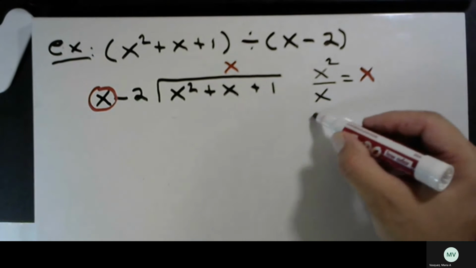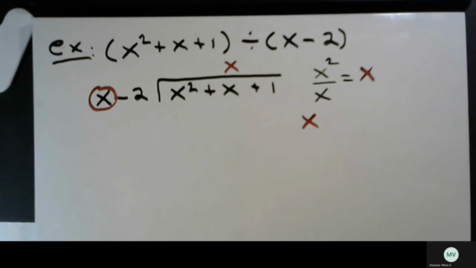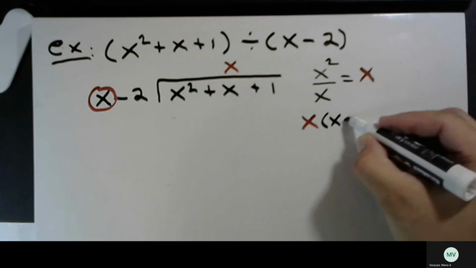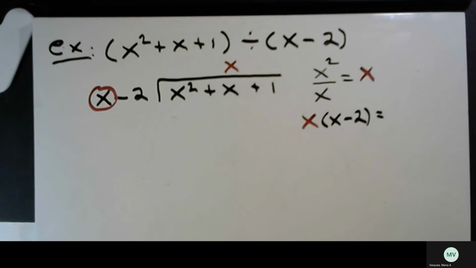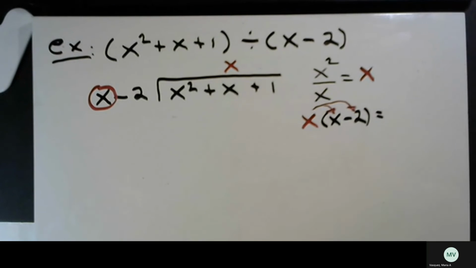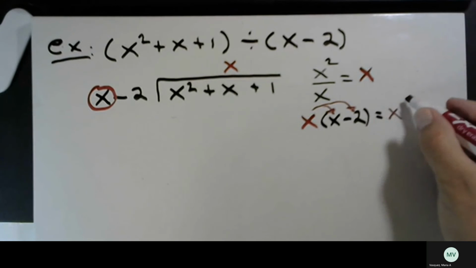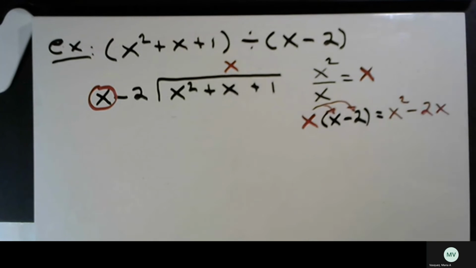Then we're going to take that x, multiply to the entire divisor, and we'll distribute it. We'll get x squared minus 2x.